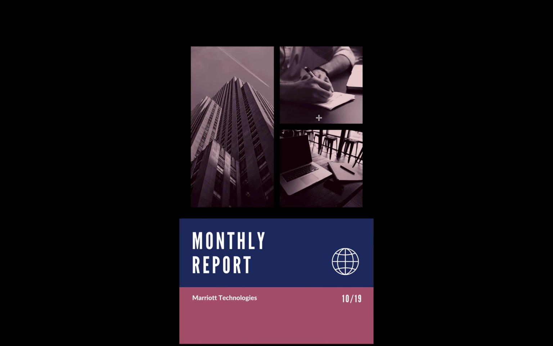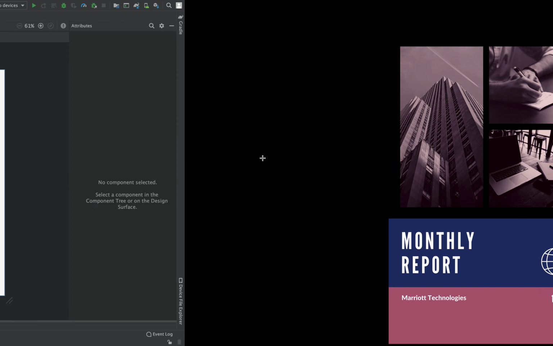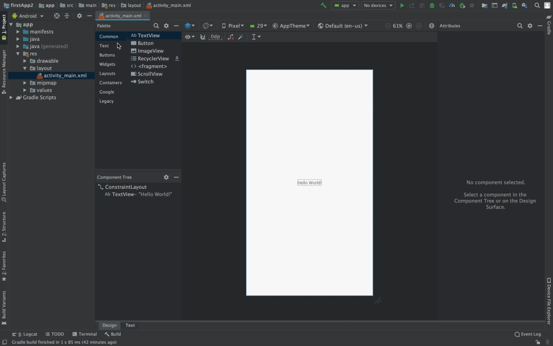So all this stuff that you can see right here, these texts, these icons, these images, exist in this palette right here. Android Studio gives us the ability to add all sorts of views. Now what is the good news here from Android Studio? They have divided the views into certain categories.